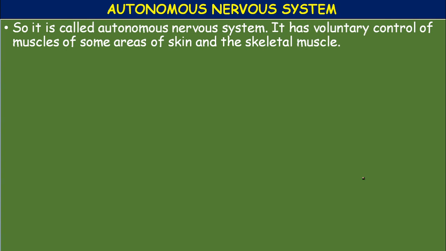Okay, I repeat. The nerves controlling involuntary actions of smooth muscles and certain glands while sleeping or awake together constitute the autonomic nervous system. This system consists of pairs of chains of nerves and ganglia on either side of the backbone or spinal cord. Means this autonomous nervous system spreads on either side of the backbone.